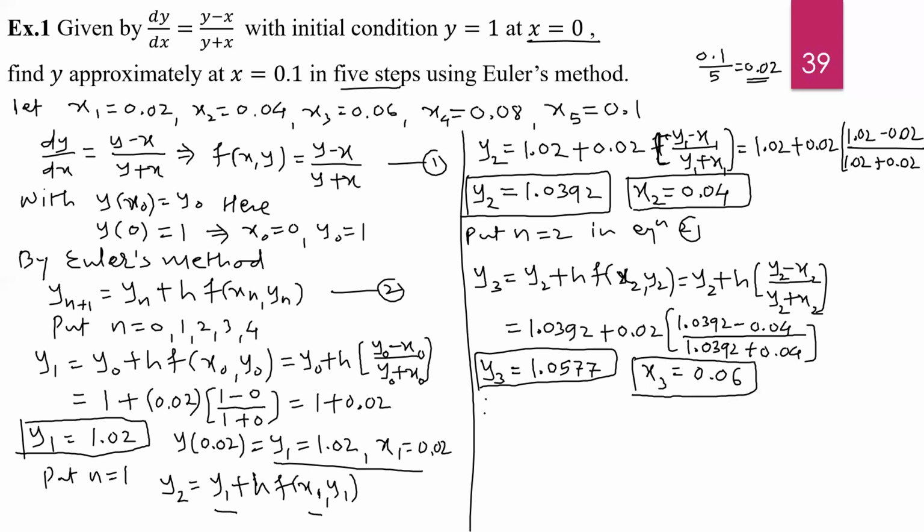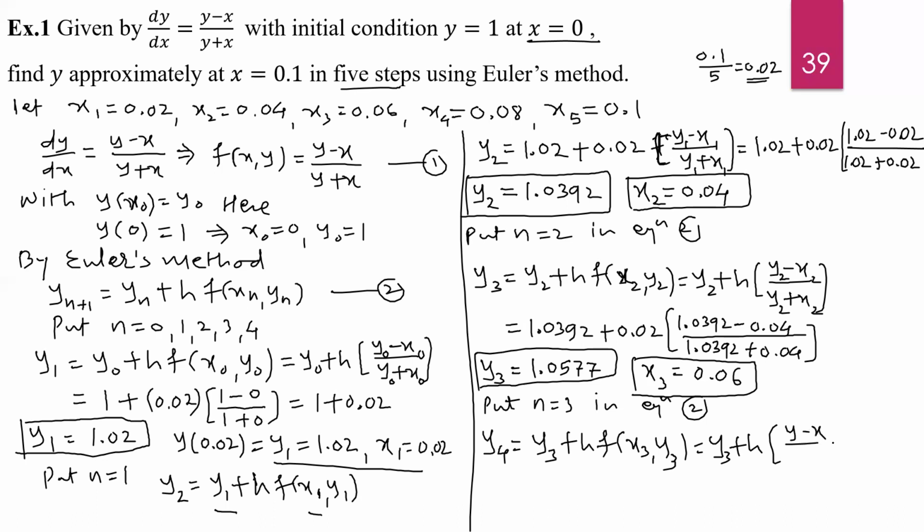Now the next iteration, put n is equal to 3 in equation 2. So we get y4 is equal to y3 plus h times f of x3 comma y3, is equal to y3 plus h times the function, y minus x divided by y plus x, with suffix 3. Now substitute the value.